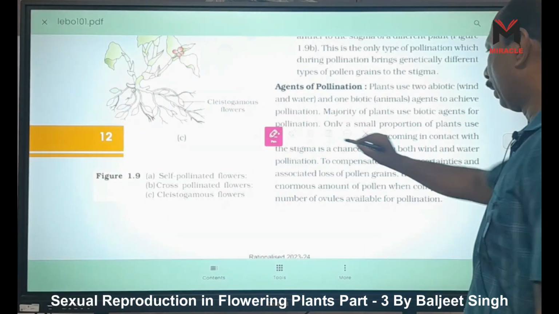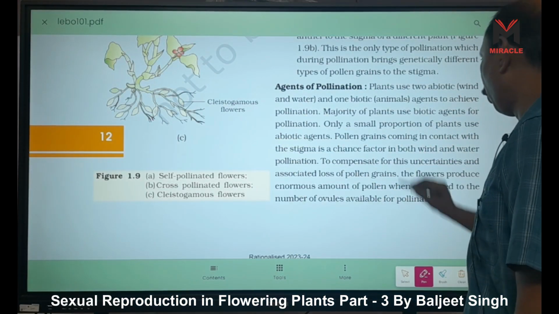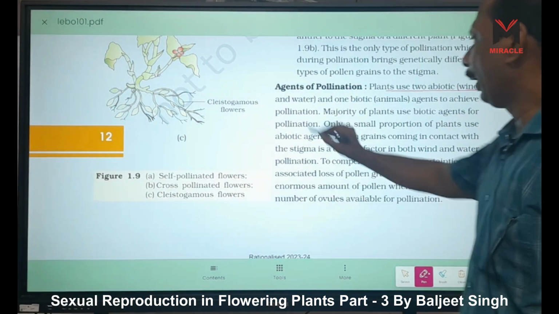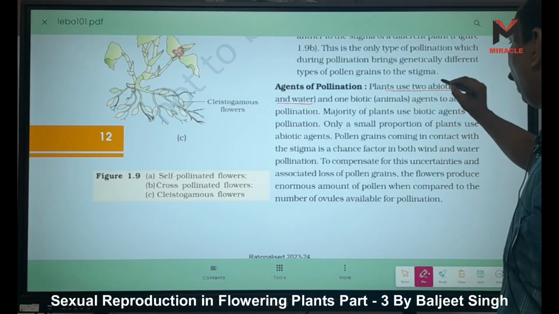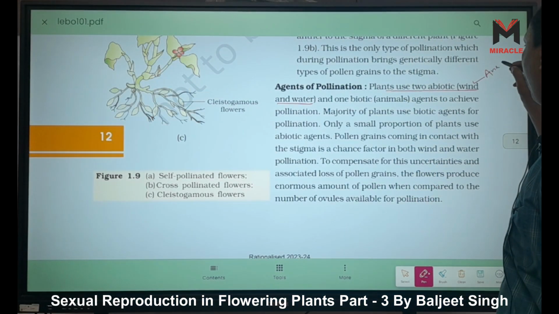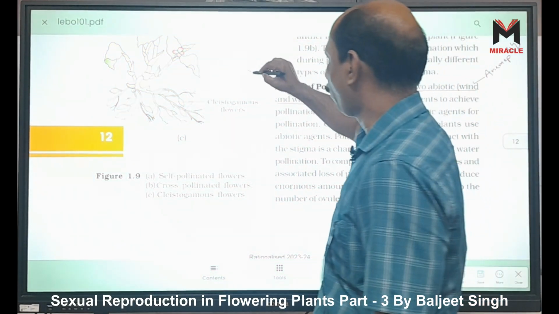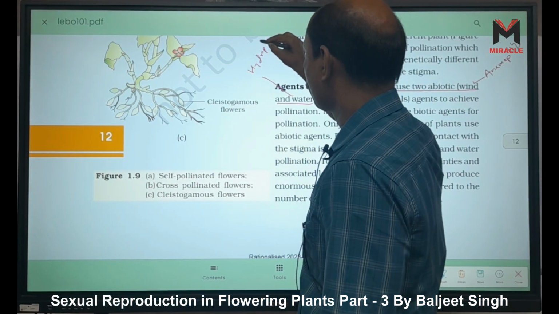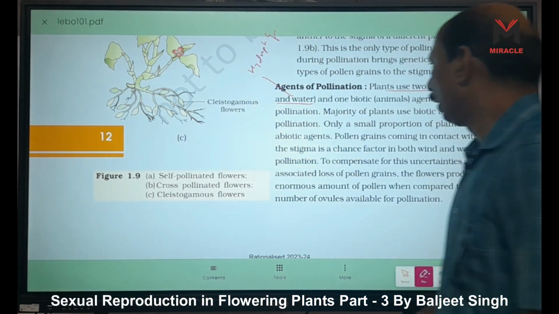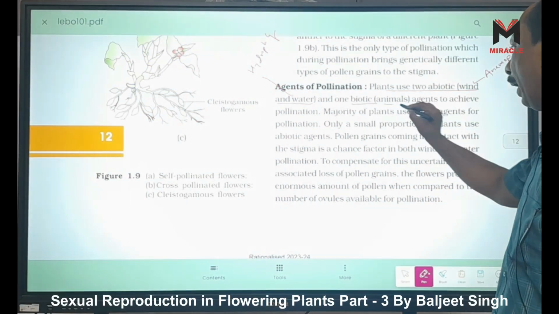Wind means anemophily, and water means hydrophily. And one biotic agent, animals.